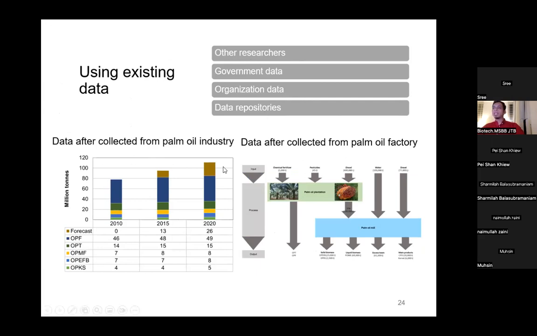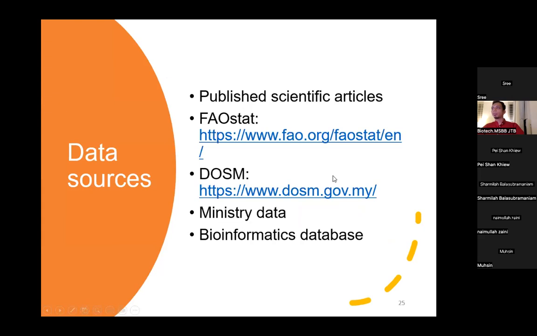This is an example of data collected from the palm oil industry. We don't do the experiments; we go and collect the data from the palm oil industry. The palm oil industry provides this data to the researchers, and then they come up with this particular kind of data. We don't do the experiment, but we use the existing data.